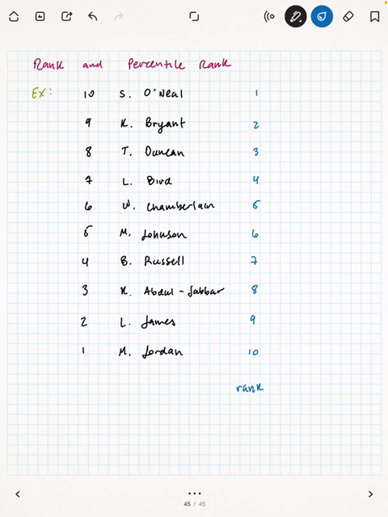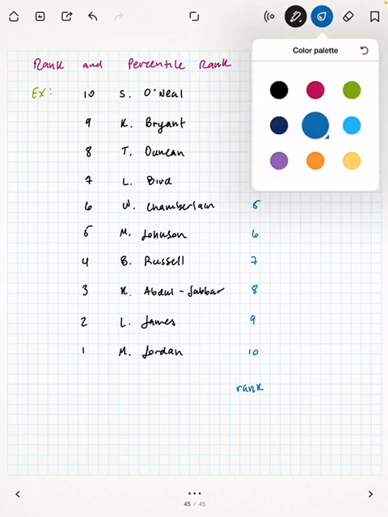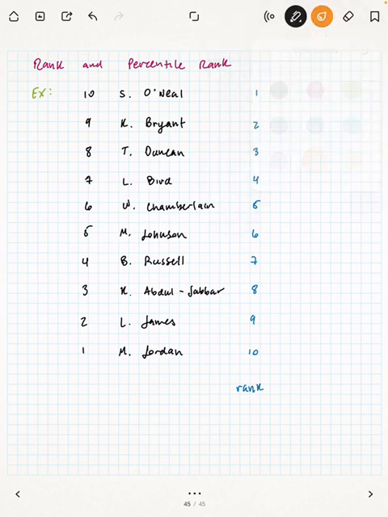So what we would do then is we would rescale our ranking, and to do so is to assign what we call the percentile rank. So here's how we do that. You take the rank, and we're going to rescale it according to this formula.